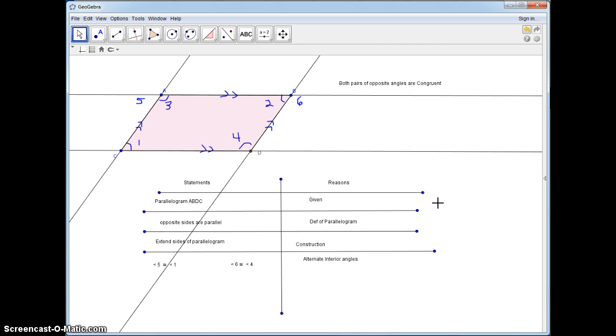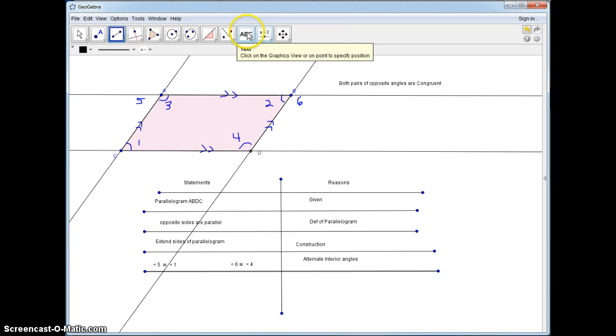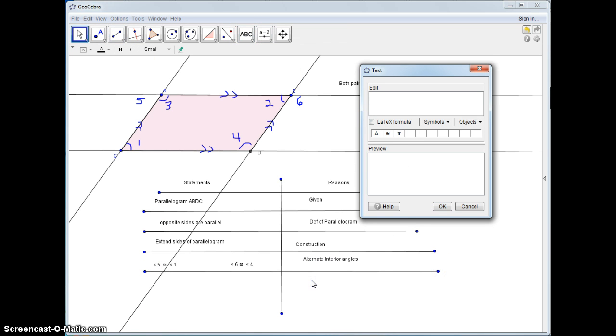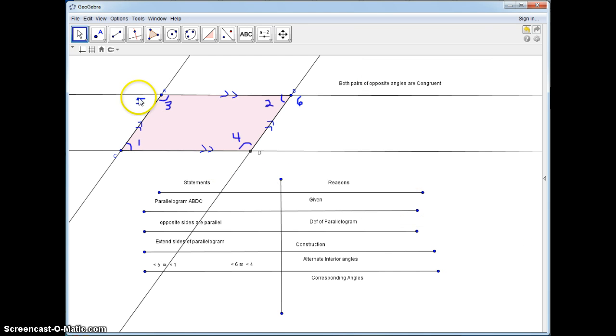Now we have another pair, corresponding angles. This is my favorite proof. I just want to let you know, I don't use triangles, I just use these line properties, corresponding angles. So where are my corresponding angle pairs? Angle 5, see it's on the lower left, on this first line right here, in the lower left quadrant, so it's going to correspond to angle 2.